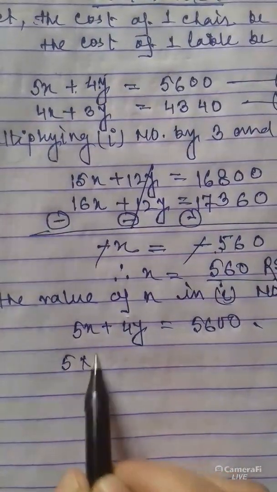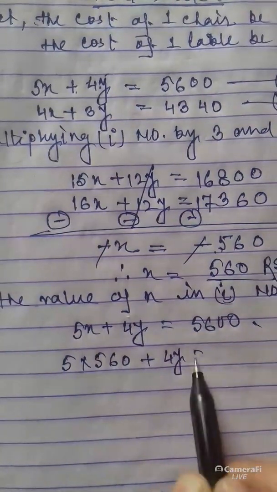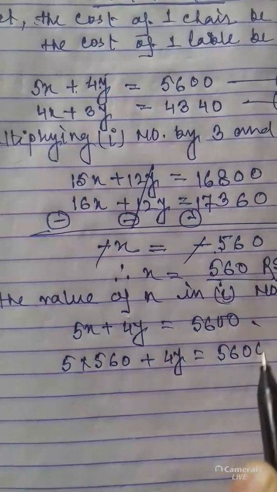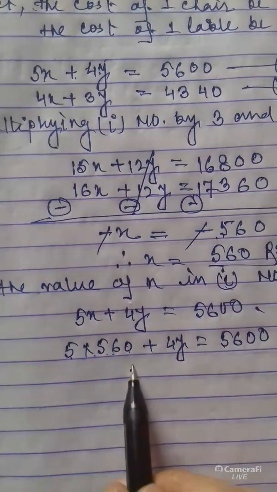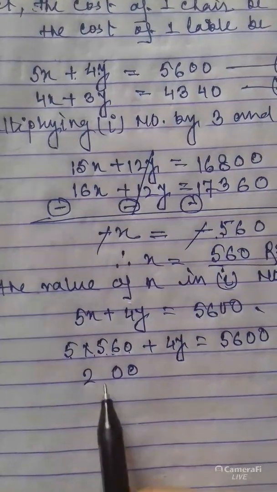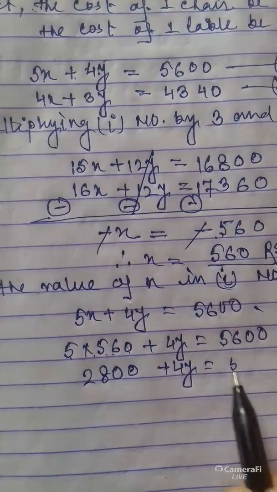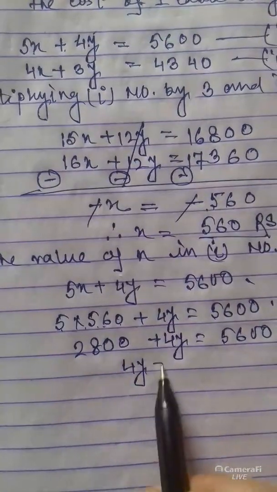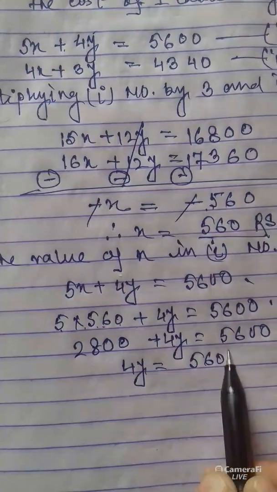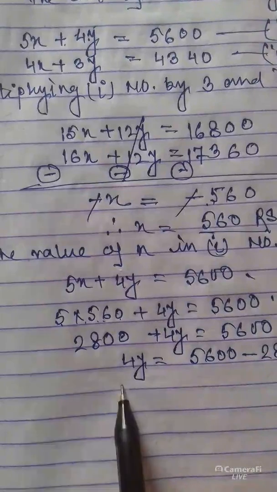Then 5 into 560 plus 4y equals 5600. Then multiply 5 into 560, 2800 plus 4y equals 5600. Then 4y equals 5600 minus 2800.